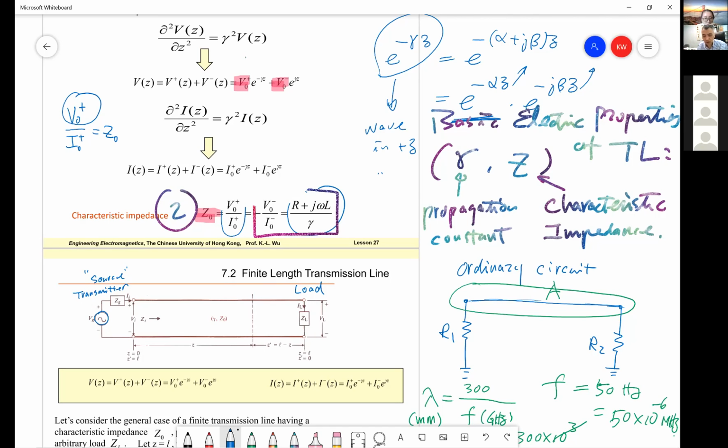Let's assume this generator only generates one frequency. This generator has an internal impedance. Any transmitter has internal impedance. So don't be surprised, right? Now our task is: given this, can we determine those two unknowns?